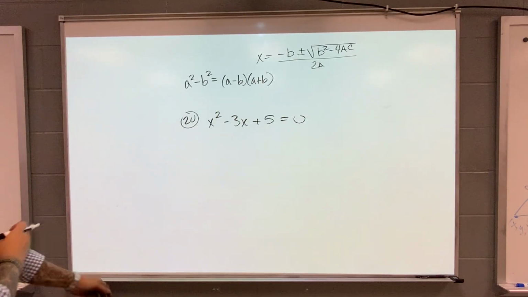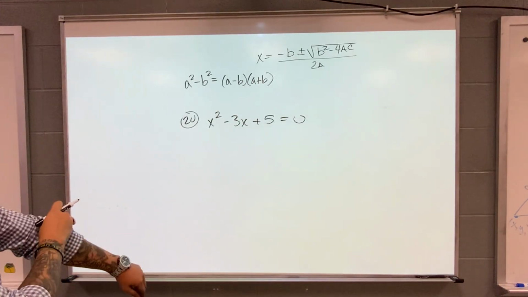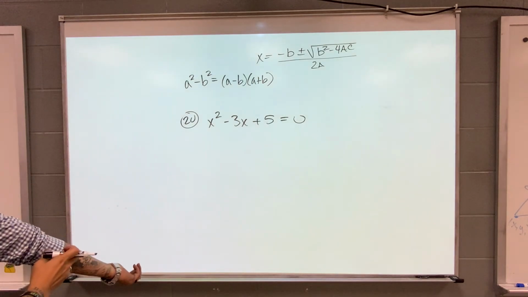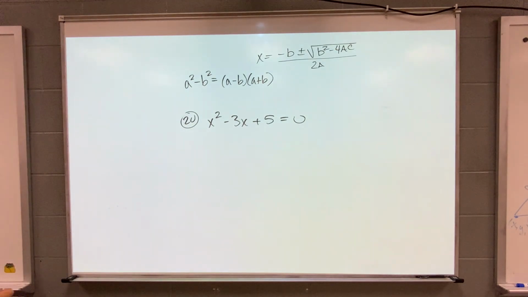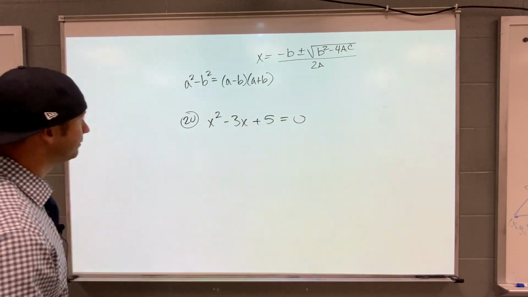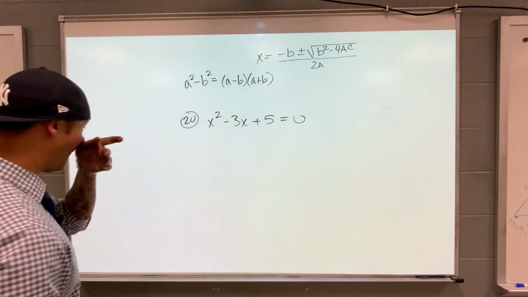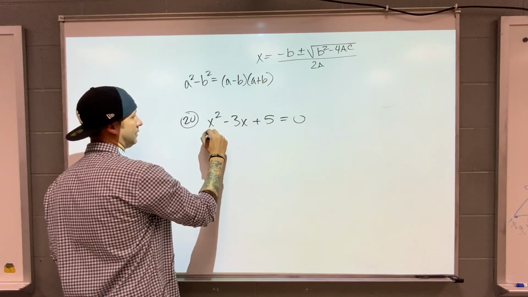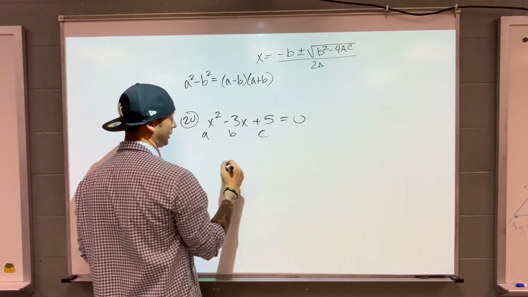Okay, number 20. x squared minus 3x plus 5 equals 0. Two numbers that multiply to make 5 that add up to 3. Nothing. Okay, let's just hit it with the quadratic formula, I guess.